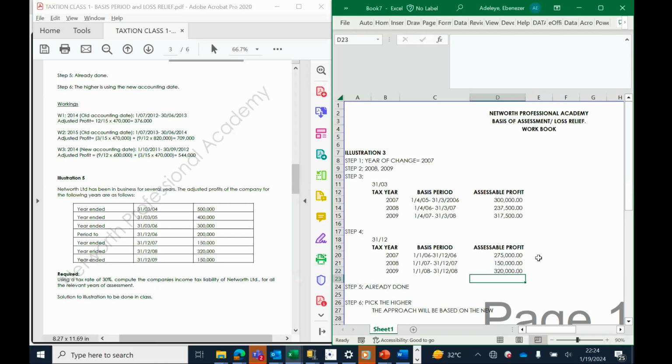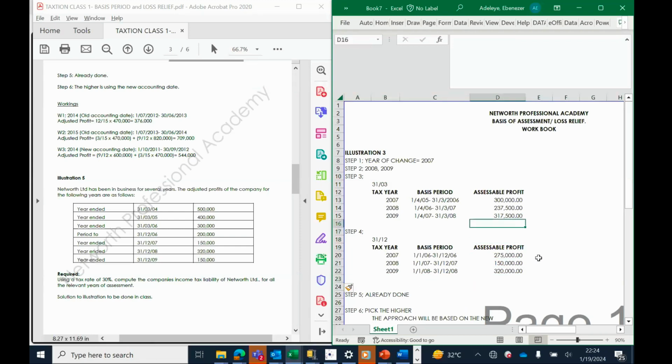Now, the fifth step says that we should add the assessable profits together. So we add this one. Please let me confirm the addition. So we have done that, we can see that, right?